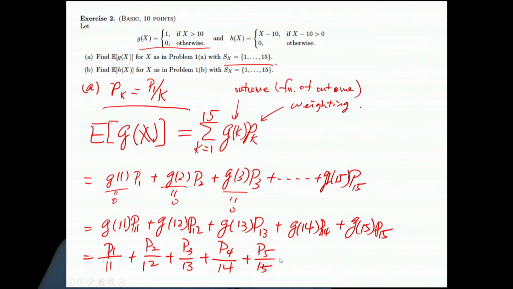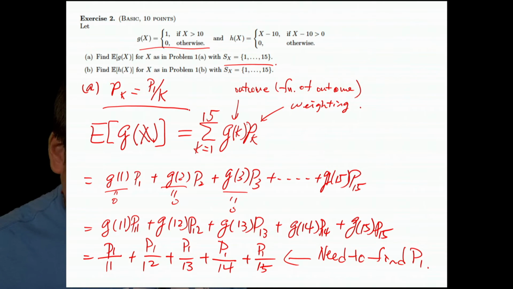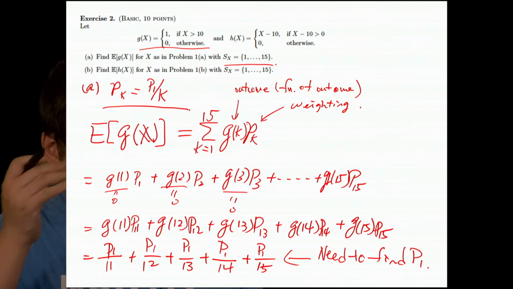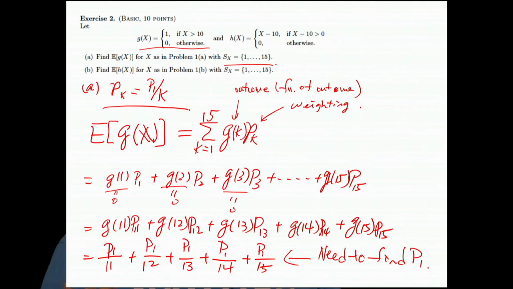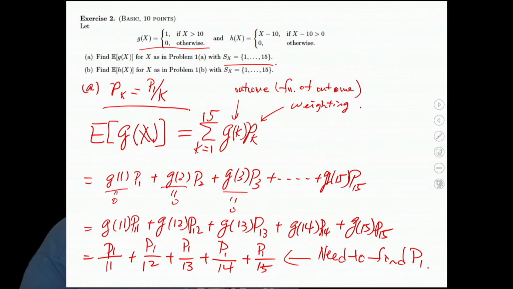Now we need to find p1. The relation is always p1 divided by k, so we need to find p1. How can we find p1? By the PMF properties, the summation of all the PMFs will be 1.